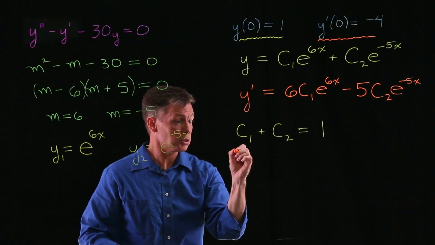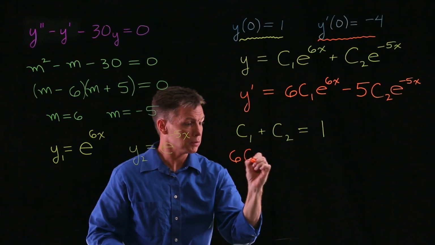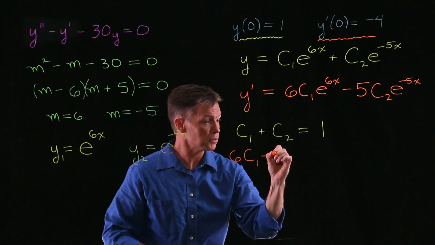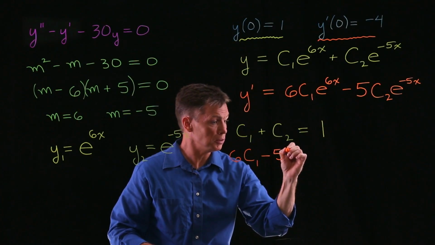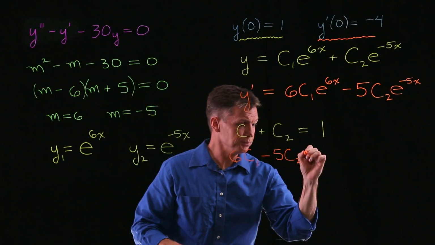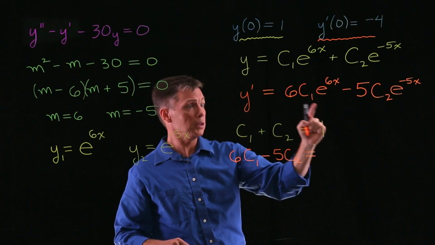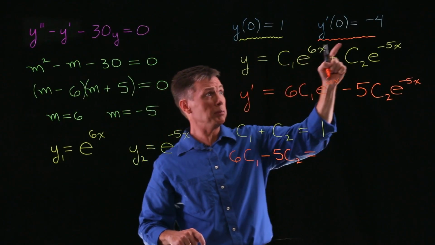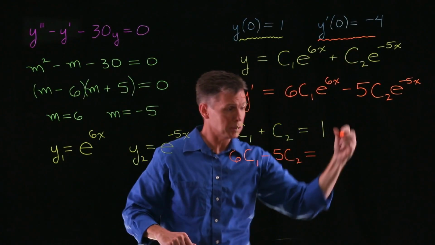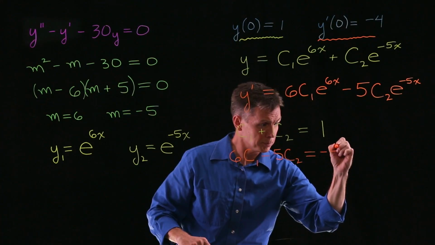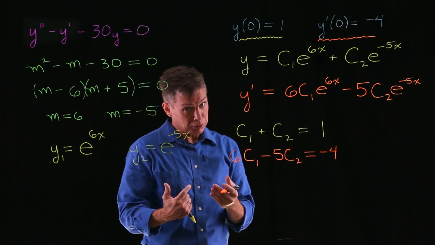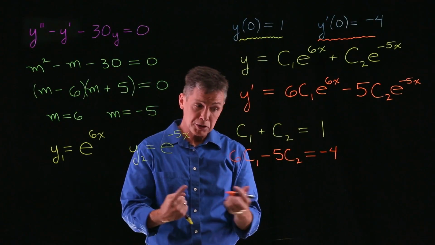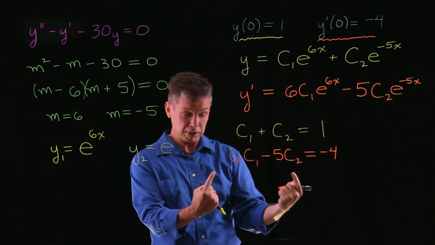So that equation becomes 6c1 minus 5c2 equals negative 4. And what you create for yourself is a system of linear equations. We've done a million of these, I think.